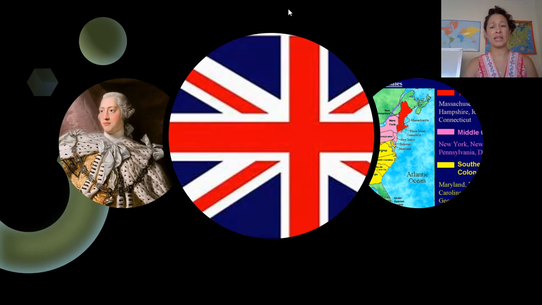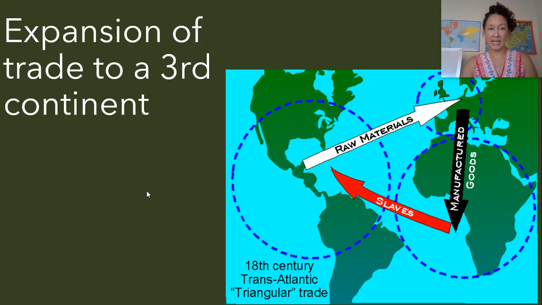So let's go ahead and remember that these 13 colonies were English colonies controlled by King George III. All right. Now, yesterday we talked about mercantilism, and that was just trade between England and the New World. But now what we're going to see is the expansion of trade to a third continent, okay?